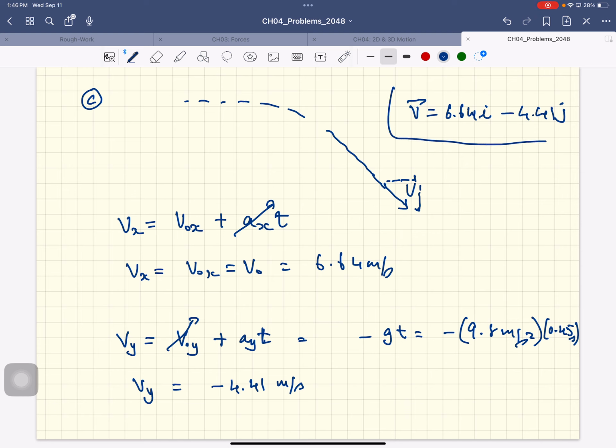Okay, those are the units. That's the final velocity. And of course, what they want is the speed, which is the magnitude of that velocity. And so the speed is the square root of 6.64 squared plus (minus 4.41) squared.